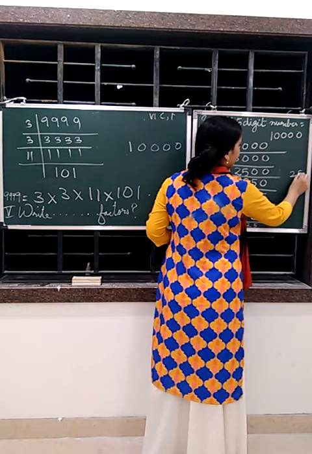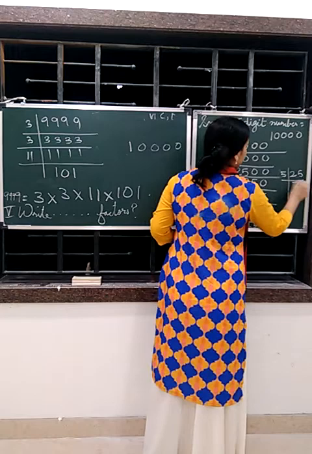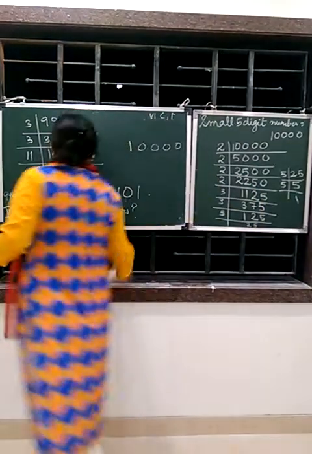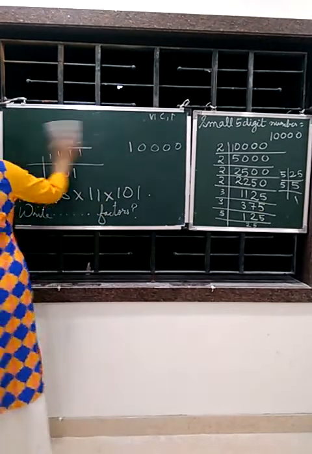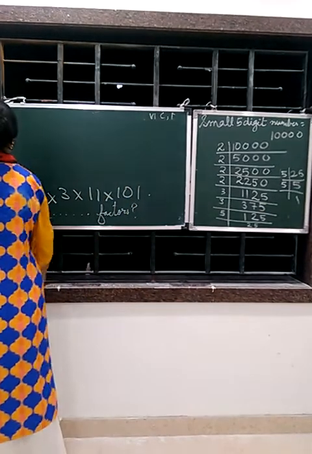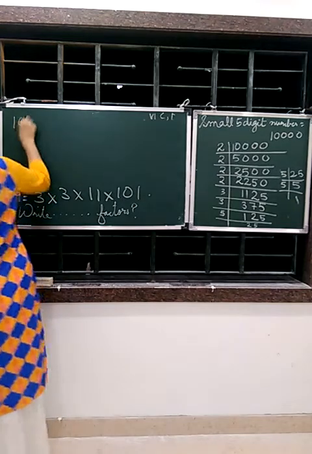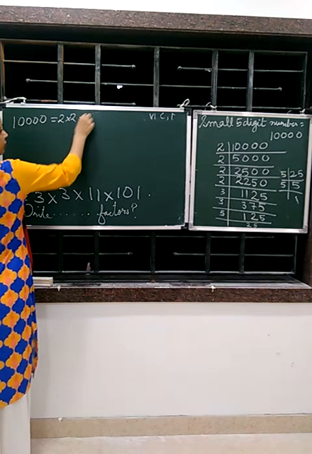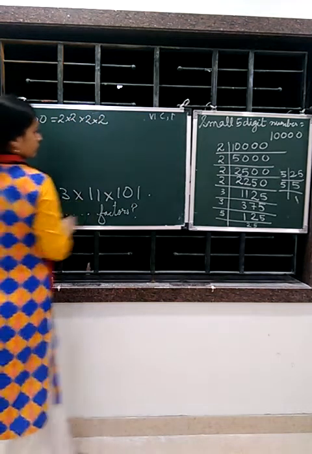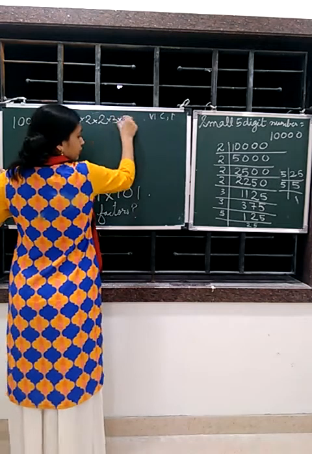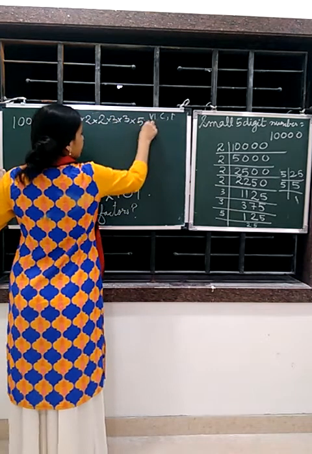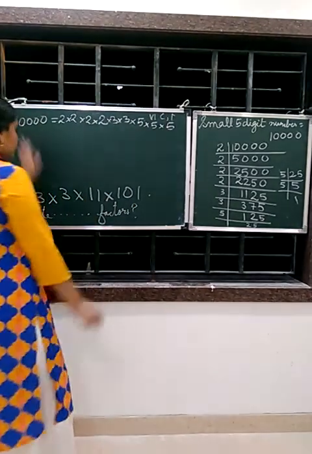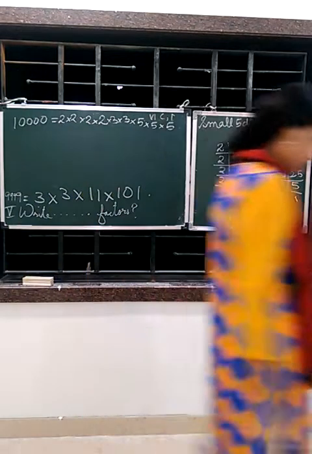Now 25 I am writing it here. It will go by 5. So what is the answer? This is the answer. The prime factorization of 10,000.